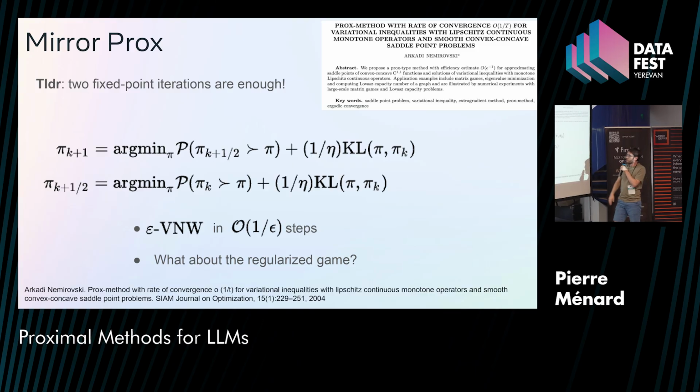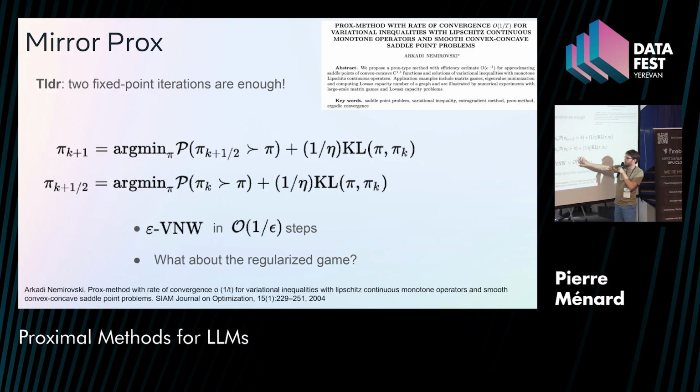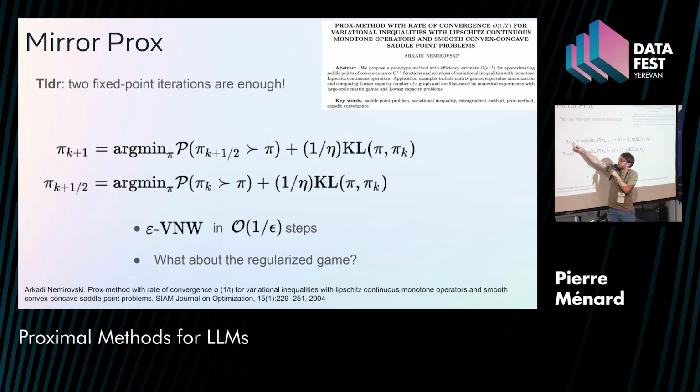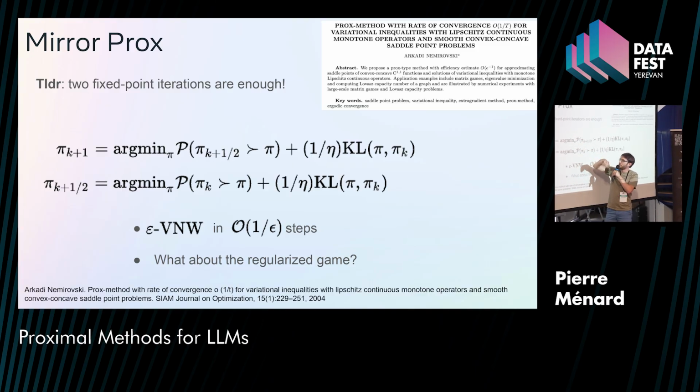What is nice is that, first, you improve the convergence rate: you move from 1 over epsilon squared to 1 over epsilon. And you can also get some last iterate guarantee, meaning that it's directly this sequence of policies that will converge to the Von Neumann winner and not the average.